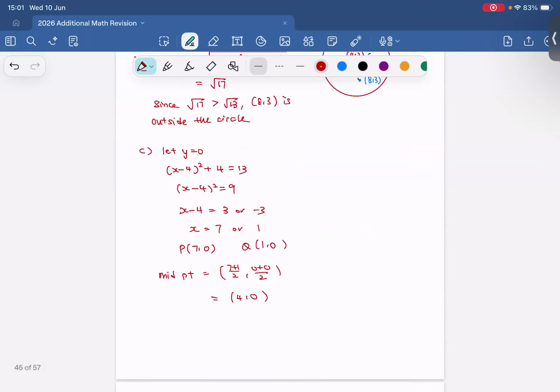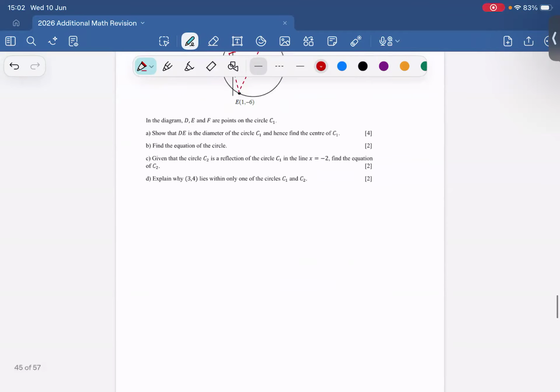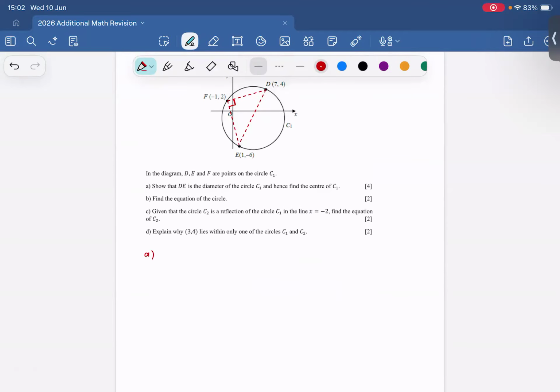Okay, to show that it is perpendicular, we just need to find the gradient. So the gradient of FD, we get 1/4. Then we find the gradient of FE. We get -4.